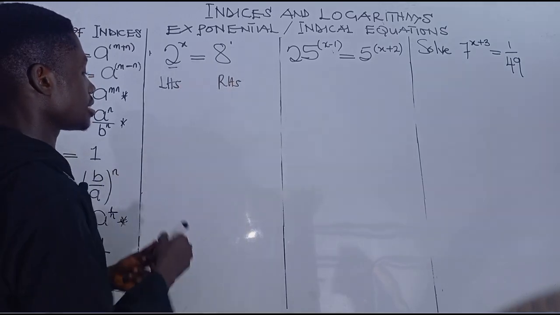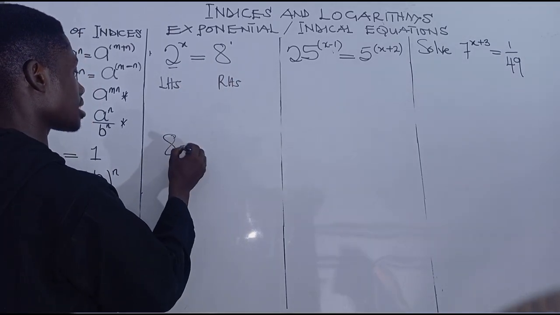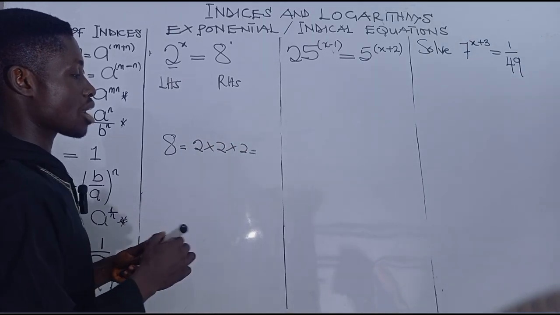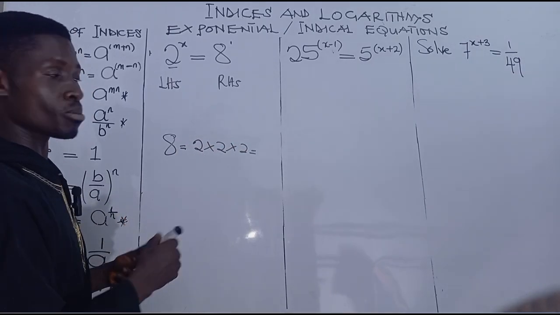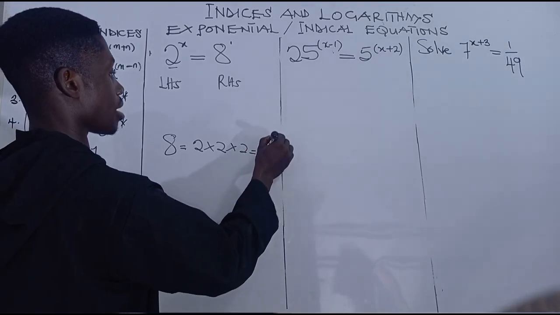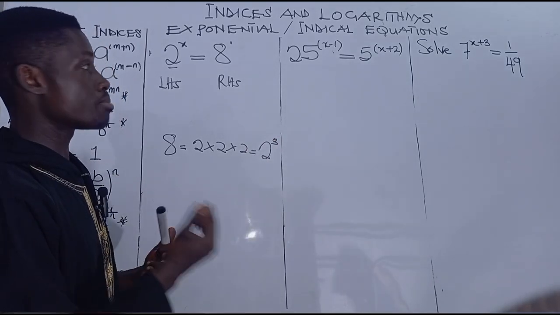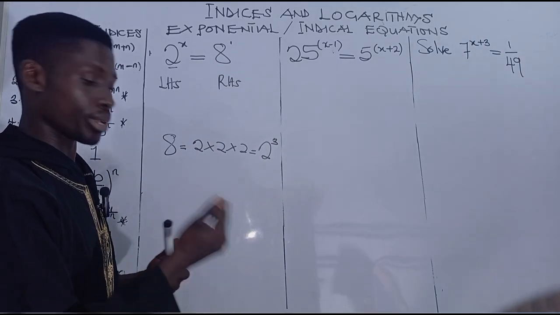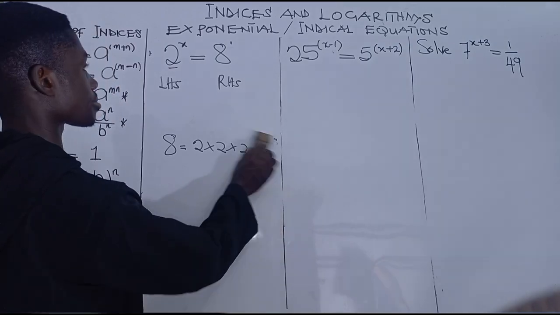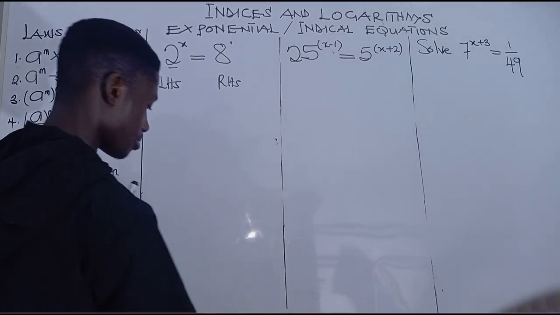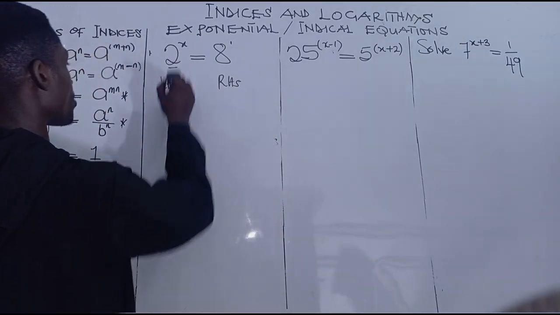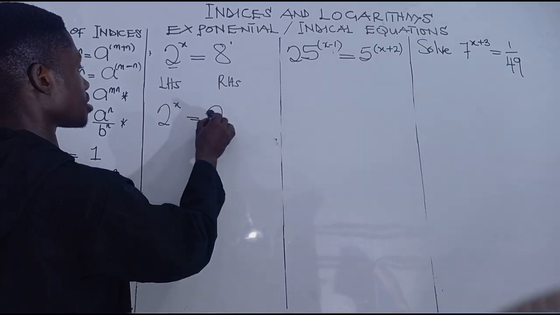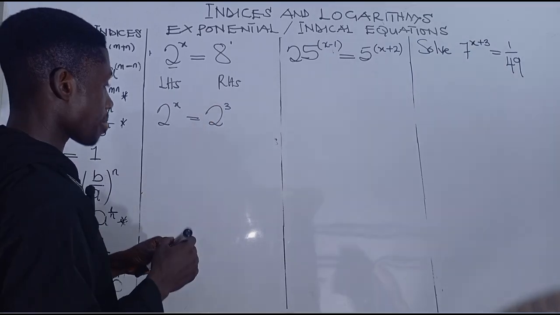We know that 8 is the same as 2 times 2 times 2. And we can write this in an index form as 2 raised to the power 3. So in place of 8, we are going to substitute 2 raised to the power 3. So we have 2 raised to the power x is equal to 2 raised to the power 3.